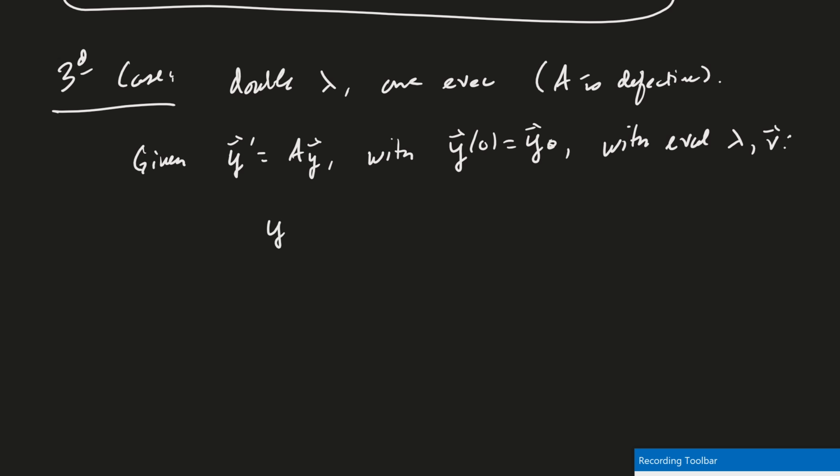And then our solution is written in kind of an interesting way. It's going to be e to the lambda t times y0 plus t times w, where w is actually called a generalized eigenvector.